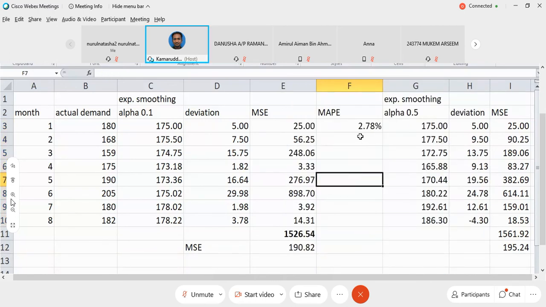Okay, so we have the percentage value of 2.78%.